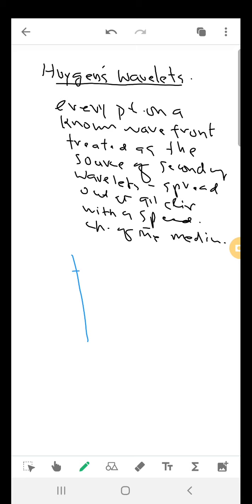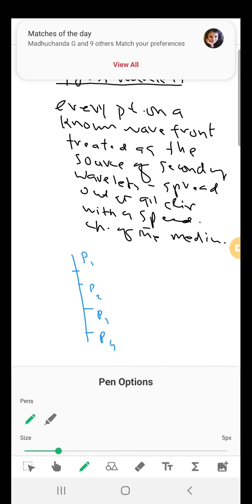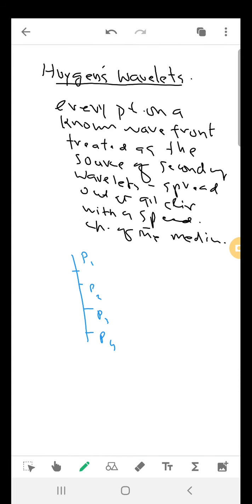Each of these points, P1, P2, P3 and P4, acts as a source of secondary wavelets. So we create wavelets like this, so that you have another wavefront, this becomes the envelope, and this is the direction of propagation.